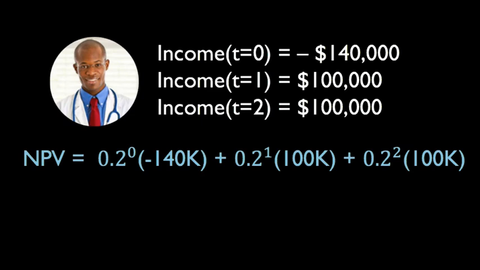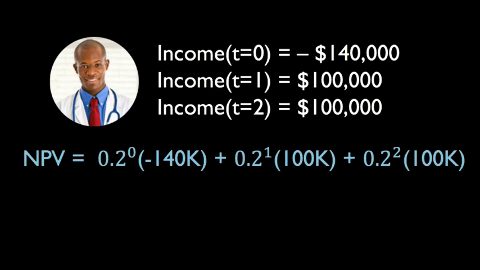To calculate this person's net present value, if he decides to become a doctor, we would first take his delta of 0.2 and raise it to that initial time period where t is 0 and multiply it by negative $140,000, because that's his income in time period t equals 0.